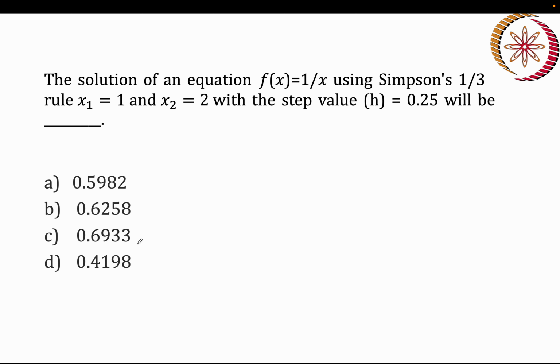Okay, so we have again come to the Simpson's one-third rule. The solution of an equation f of x is equal to 1 by x using Simpson's one-third rule, from x1 given as 1 and x2 as 2, with the step value h equal to 0.25, will be.